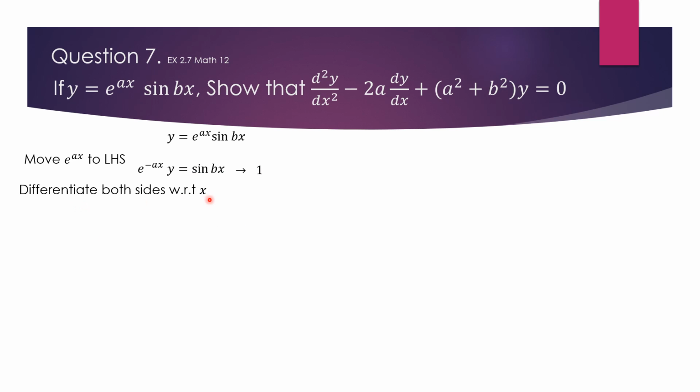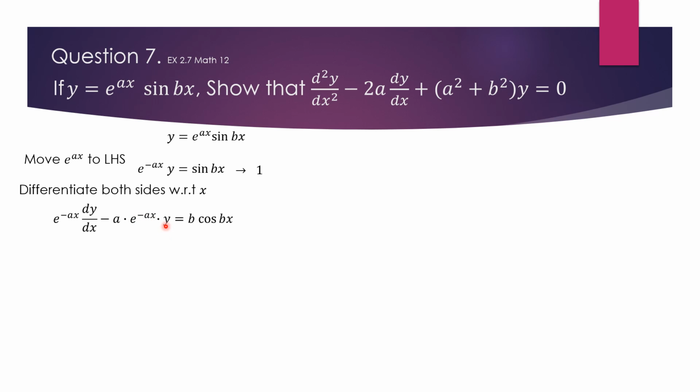Differentiate both sides with respect to x. This becomes e power minus ax dy by dx minus a, because if we differentiate e power minus ax, the differentiation of the power minus ax will be minus a, and e power minus ax remains the same, only the exponent has to be differentiated.